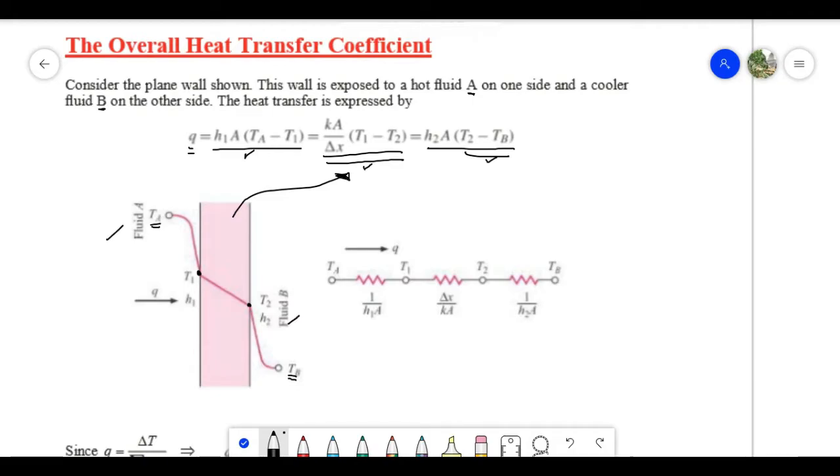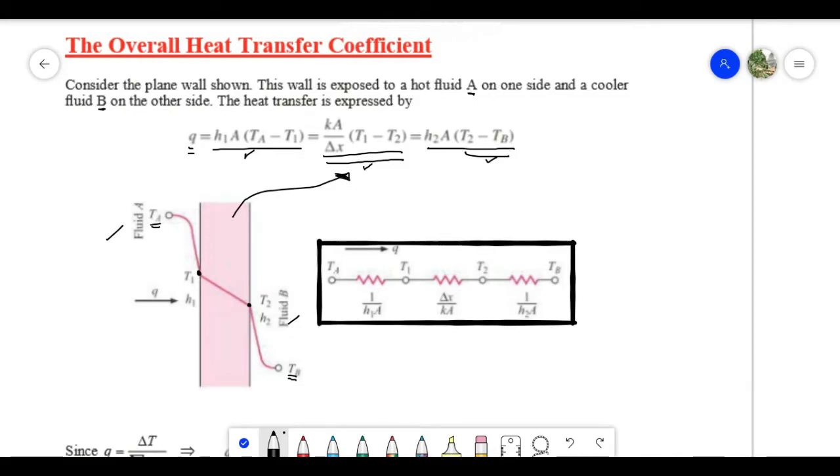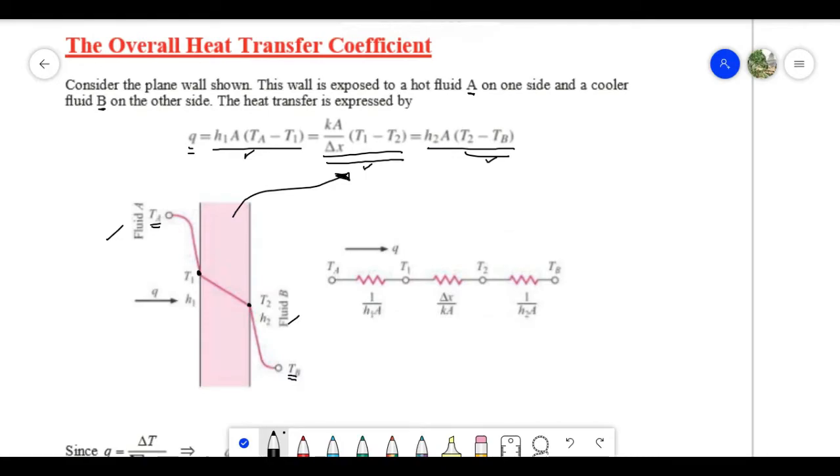When we write the thermal circuit of this plane wall, we write this whole term, wherein our first thermal resistance is the one in fluid A, the second one is for the conduction, and the third one is for fluid B. So you can see 1 over h1 times area.